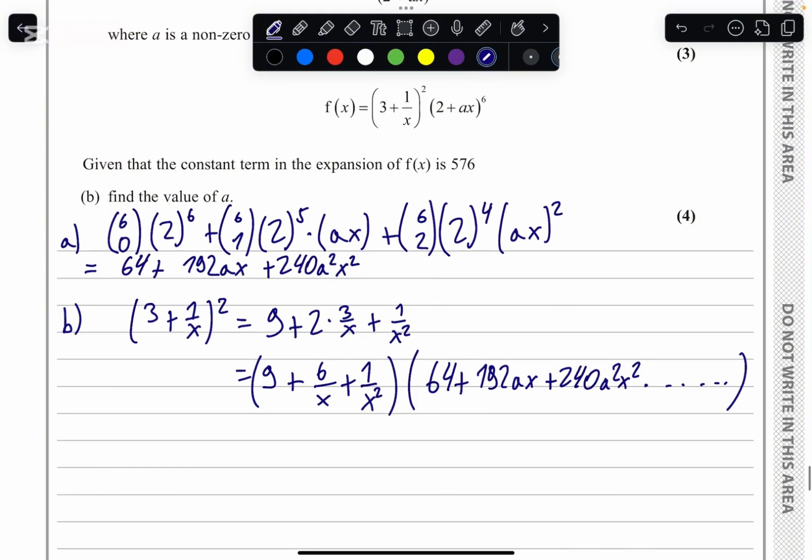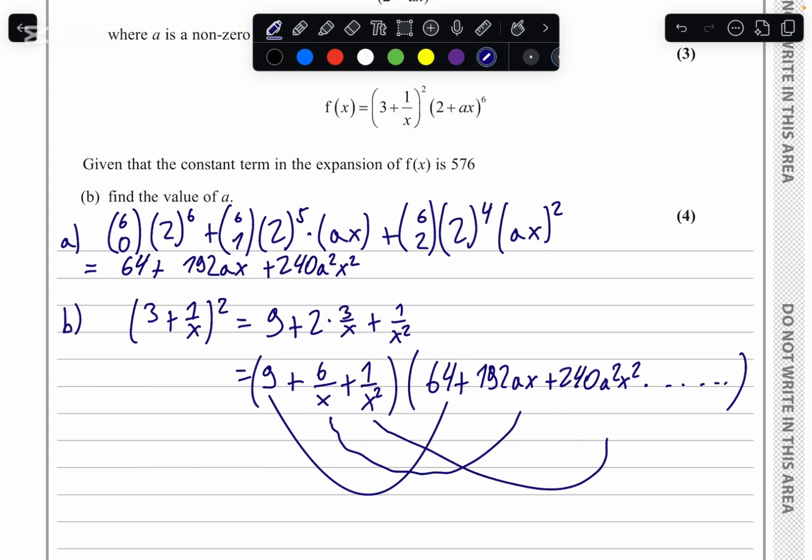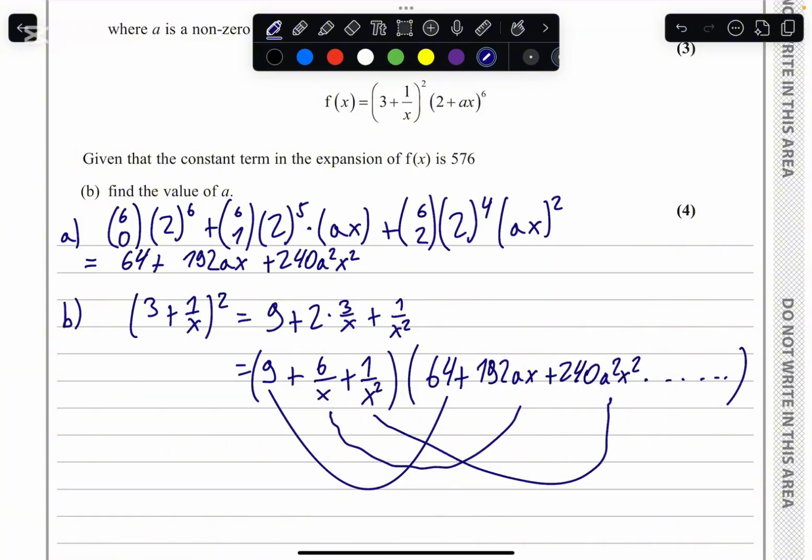So one constant term that can be found is the number times the other number. Another constant term is the single x times x to the power of minus 1. And another one is x squared times x to the power of minus 2.